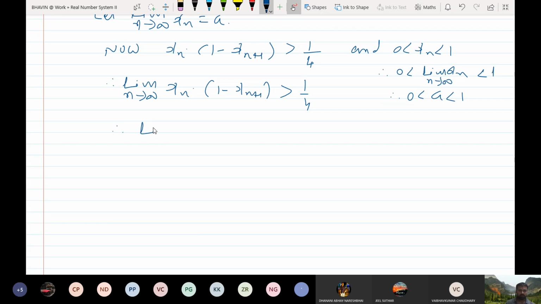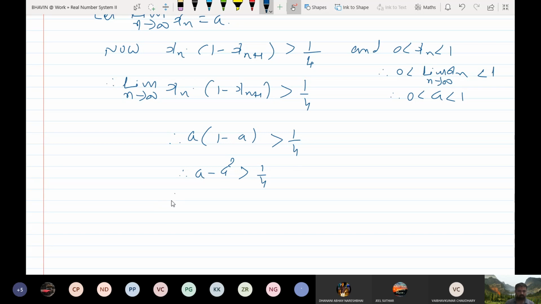I apply algebra of limits of sequences. What is the limit of xn? This is just a, and this is again a. Do you understand? Yes sir. a into 1 minus a. So now let me simplify this. So a minus a square is greater than 1 by 4.